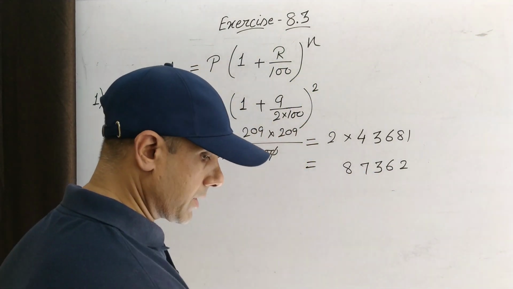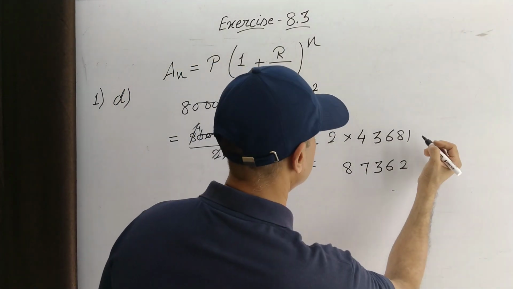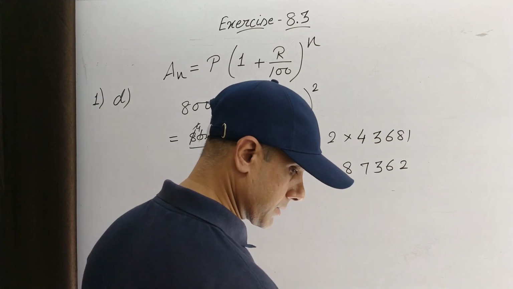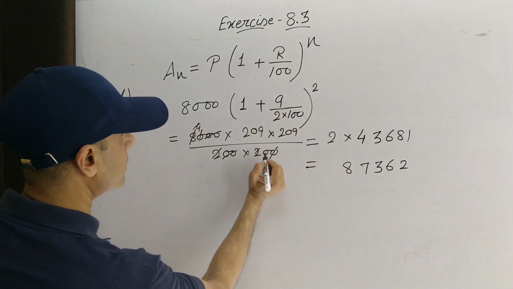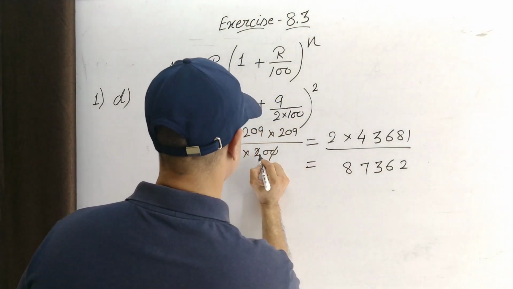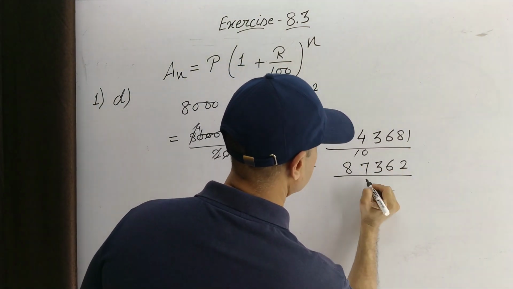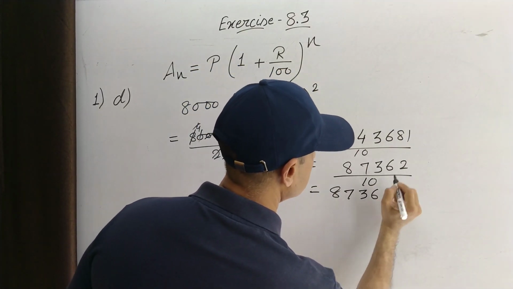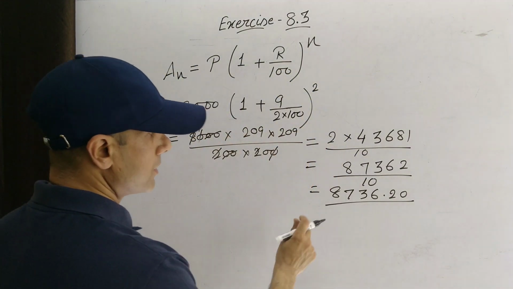We get the value as 87, we have missed a 2 here. It was 2719 into 2. We get it as, okay, fine. We have got 10 here. So this 10 is left out here, so we're not considering. So you get this value as by 10. That amounts to 8,736.20. So this is the amount.